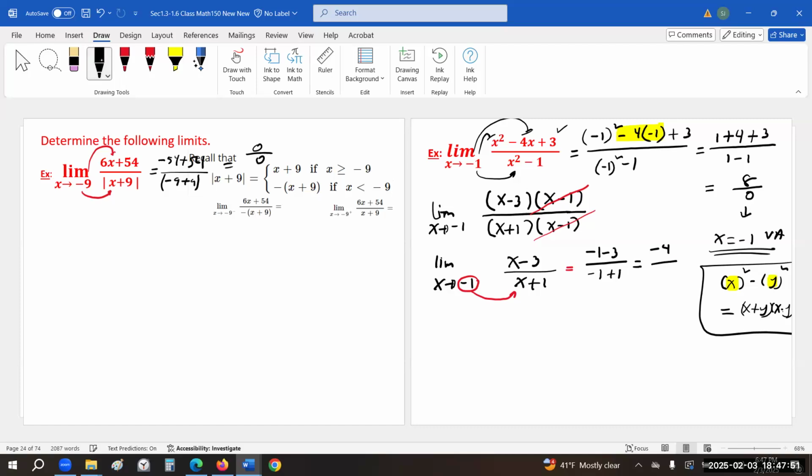We have negative 4 over 0, which doesn't exist. So we have two choices here.